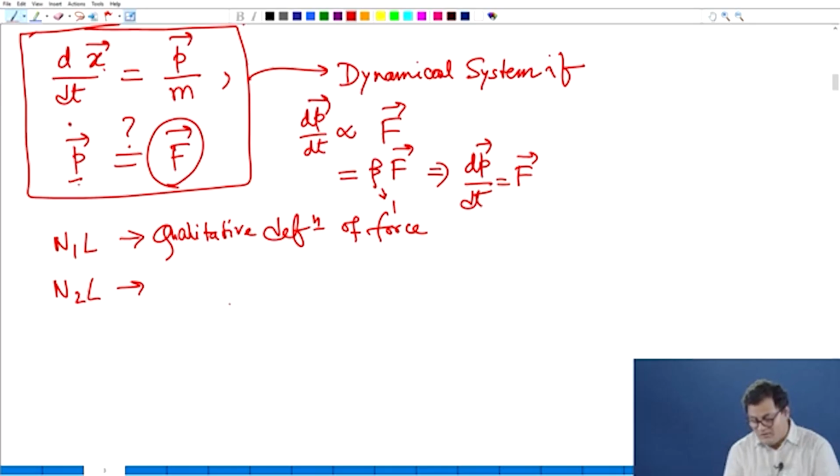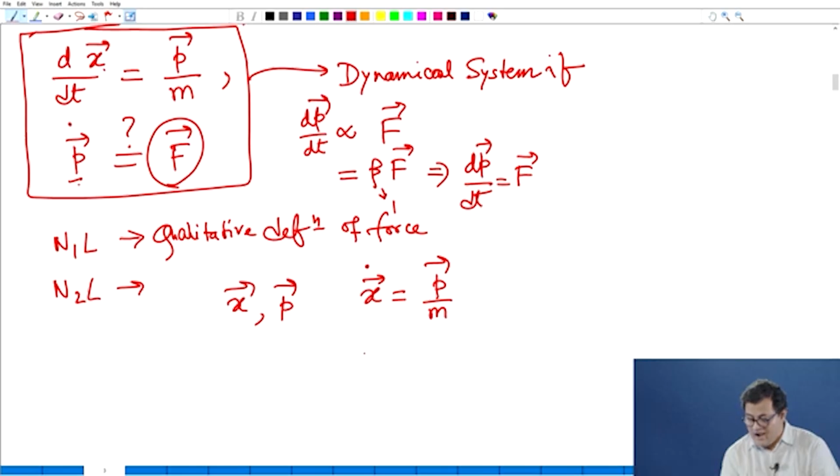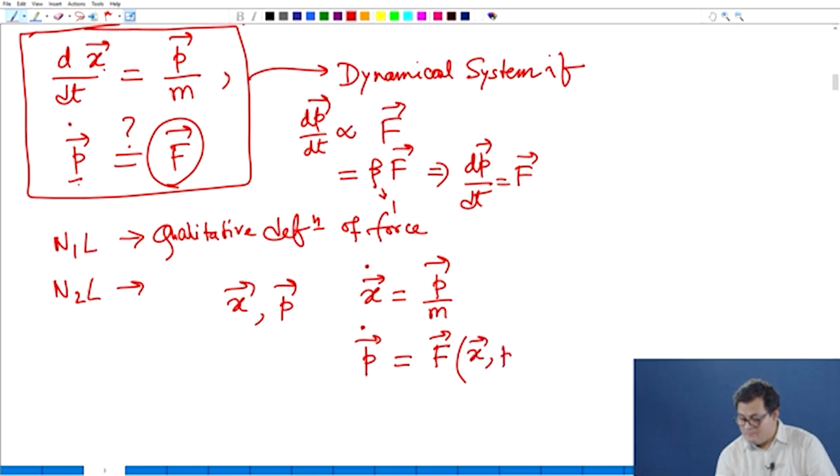If I claim that classical mechanics consists of two vector fields x and p, then the evolution of x is given simply by p by m, and the evolution of p is given by another function which I call f, which can be a function of x, p and t.